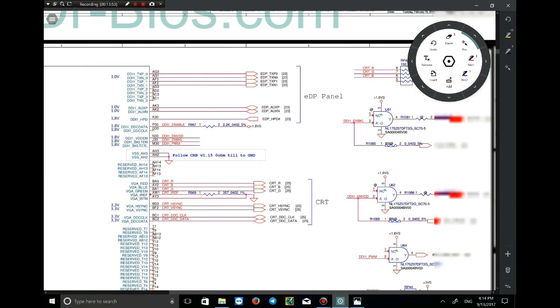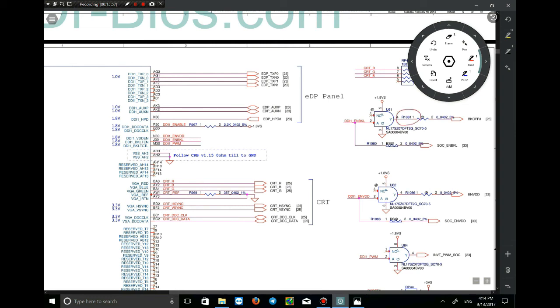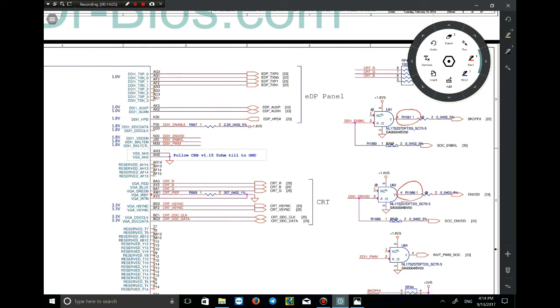CPU chip, look at here, R1081, R1086. There are many components that you can see on these pages. The CPU chip is divided into 13 blocks, A to M.